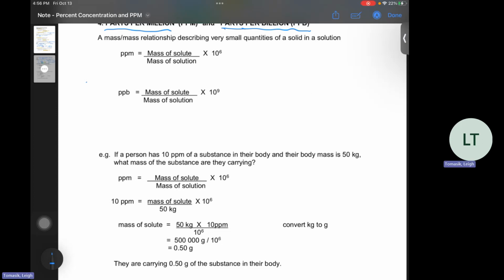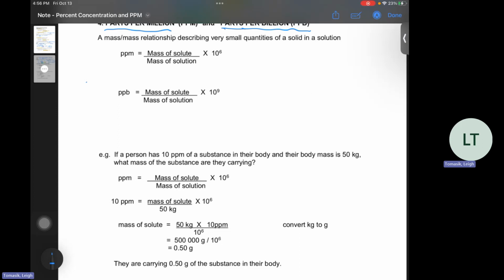So the maximum acceptable concentrations of contaminants in our drinking water would be listed in parts per million or parts per billion. This is the way we express really small amounts of solute, especially if the solute is something like lead. We don't want a lot of lead in our drinking water. That's not good for us.